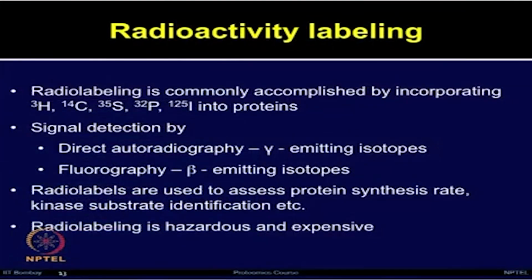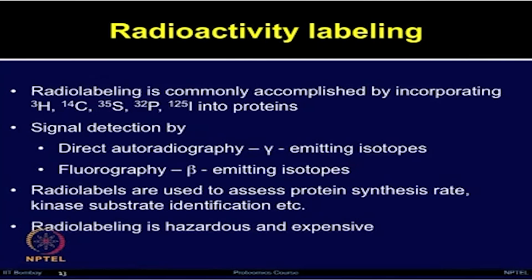The radio labels have been used for many applications on microarrays, including studying kinase substrates identification, which is most commonly used. The radioisotopes have also been used to assess the protein synthesis rate, as well as there are many other applications. Although these are very robust systems, the radio labeling is hazardous as well as expensive.